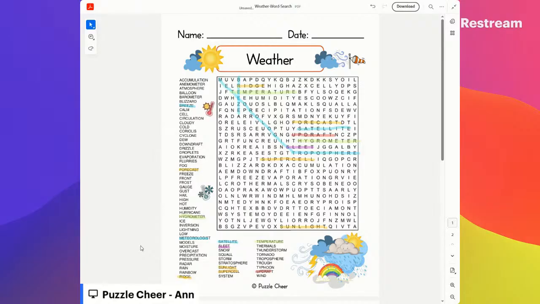And Dino Game Hub says humidity is just below temperature. All right. So here's temperature and there's humidity right below. HUMIDITY, humidity. And we'll cross that off.